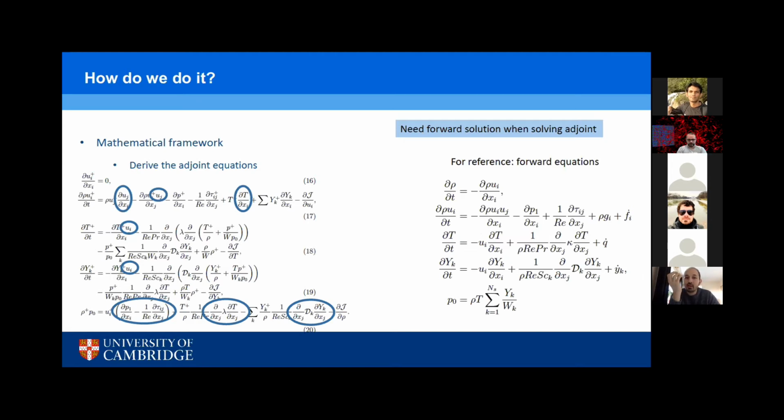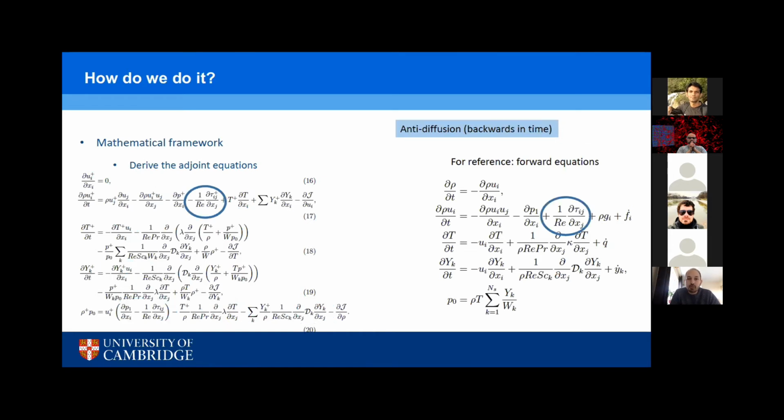So you need the actual flow variables at that point in order to calculate the gradient or the linearization around it. So that's the first point. If we need the forward solution when solving the adjoint, this means that for unsteady simulations, you need to store the flow variables at every time step. Problem number 1.